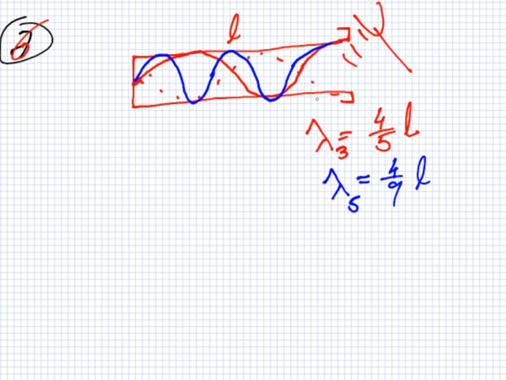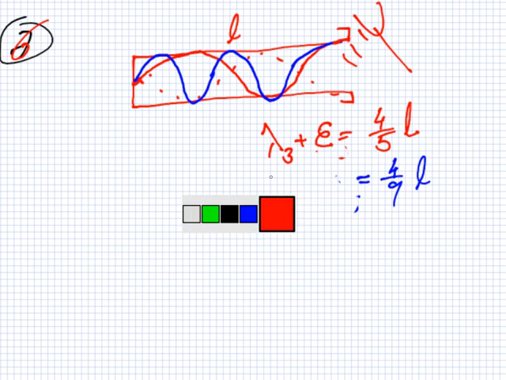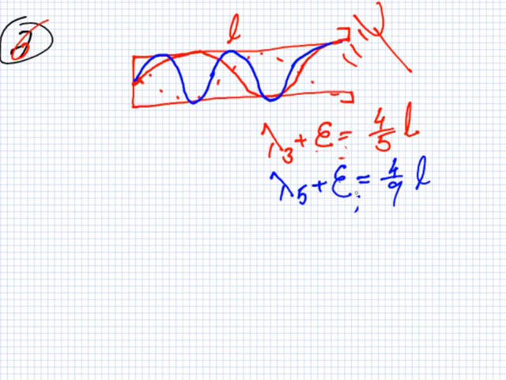So there's some kind of error. So the wavelength for the third harmonic is not exact. It's going to be wavelength plus some small error. And likewise for the fifth harmonic, it's going to be the correct wavelength plus some small error. Very small error, like 1 centimeter.